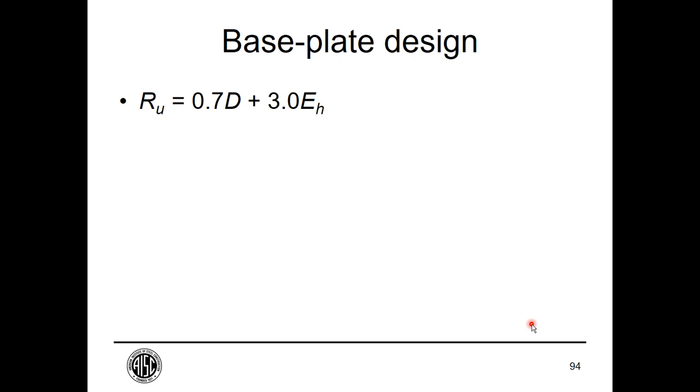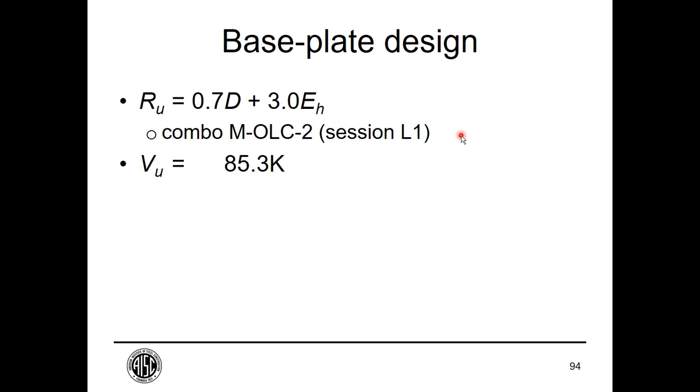All right, looking at the load combination with uplift. So we're assuming the axial load is pulling up from seismic with a reduced pushing down from dead load. The shear, including this overstrength factor, 85 kips. The tension, about 60 kips.